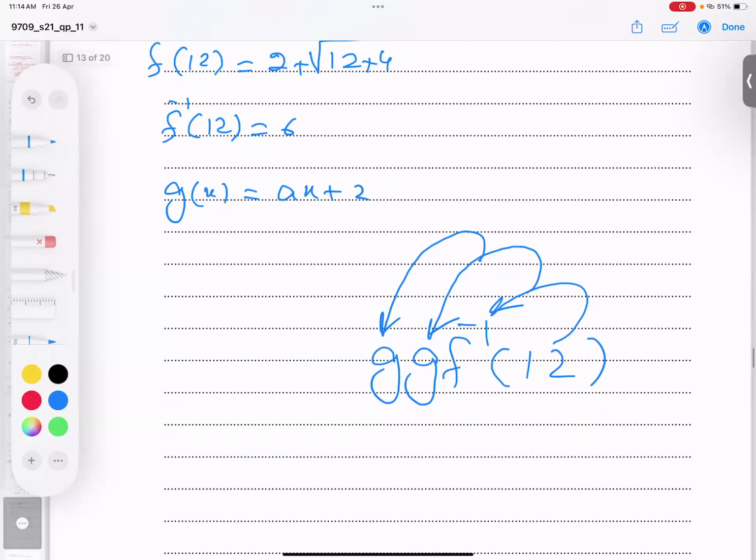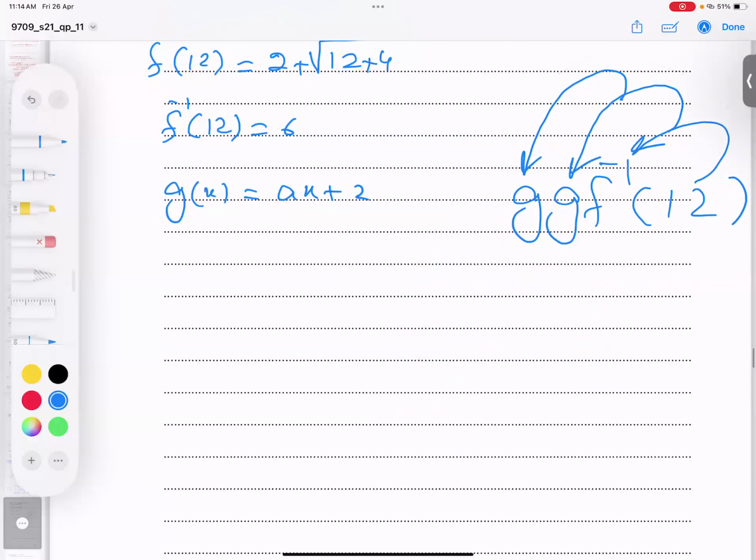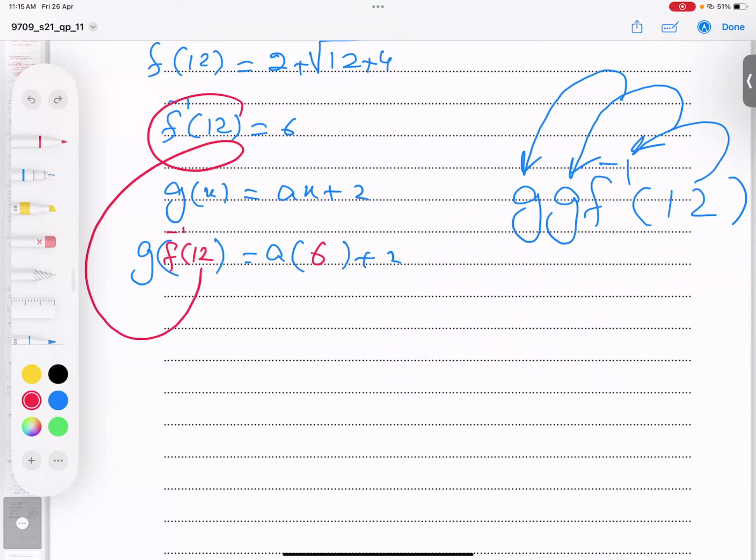Then, student, what I will do: I will make a left-hand side bracket and a right-hand side bracket. Every X, I will replace by an empty space. You see, this X empty space, this X empty space. Here, I'll copy the whole thing, because the whole thing is going here. So F inverse of 12 goes here and 6 goes here. The name will come on the left side, the value will go on the right side. And here I'm getting G of F inverse of 12. So I got 6A plus 2.